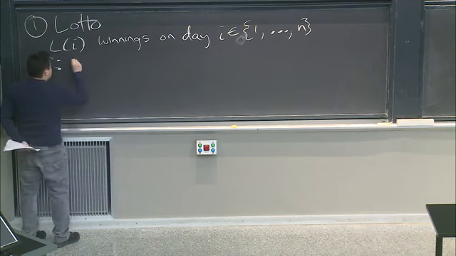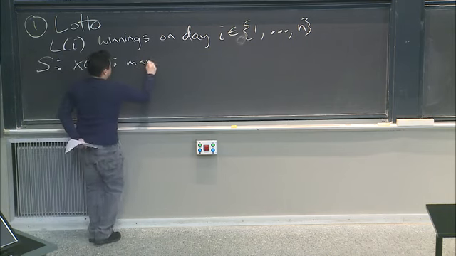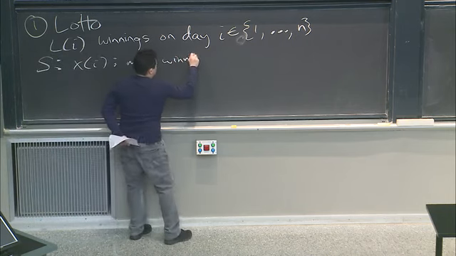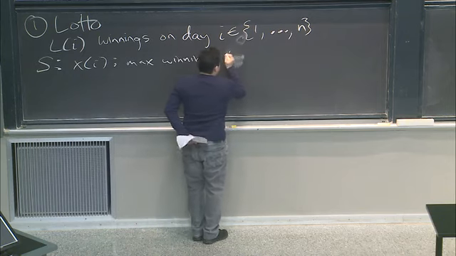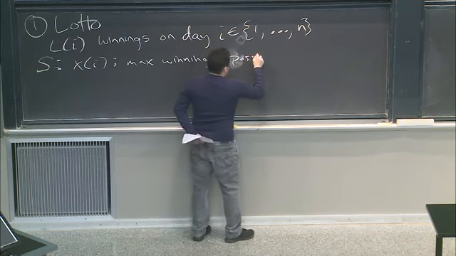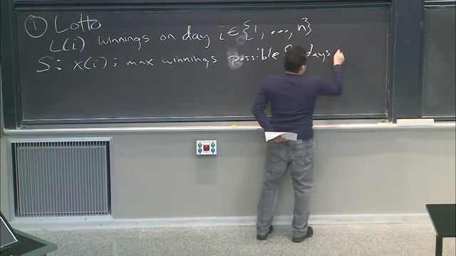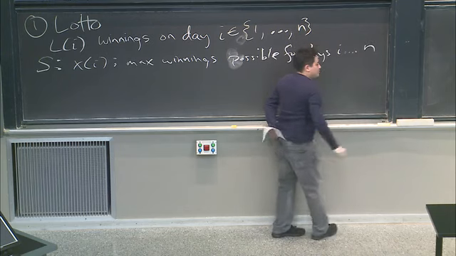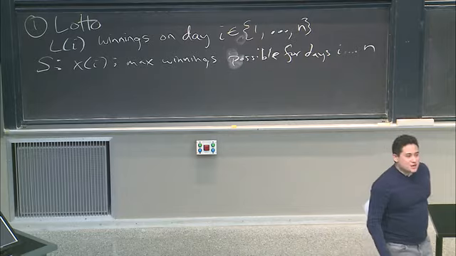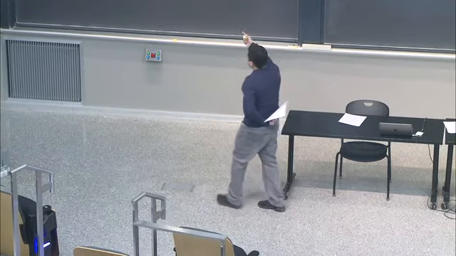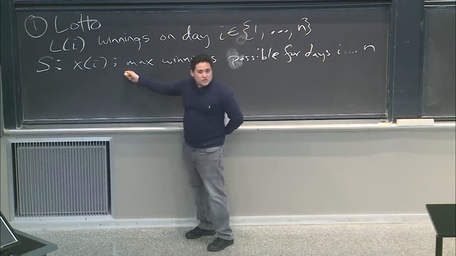So I might have something like x of i is max winnings possible for days i to n. Okay? Anyone have a problem with this type of subproblem? Let's kind of see what this type of subproblem would lead me to.